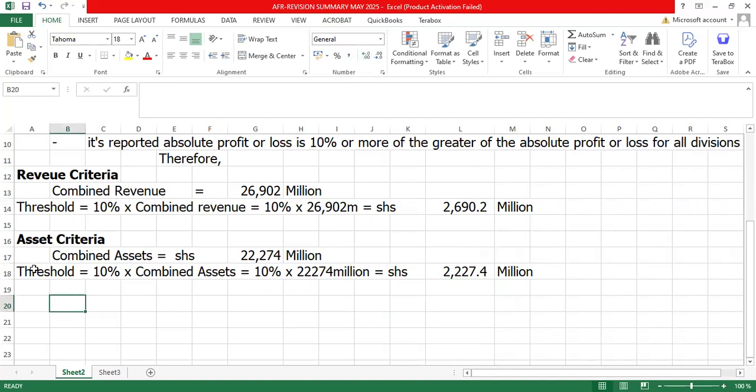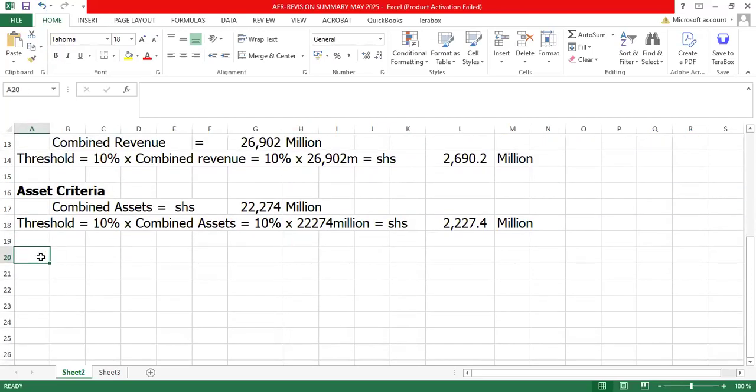Okay, then from this, if you were to simply advise based on the asset criteria, you come back at your question and see which division is above this. So finally, you can look at what else do we need? The absolute.